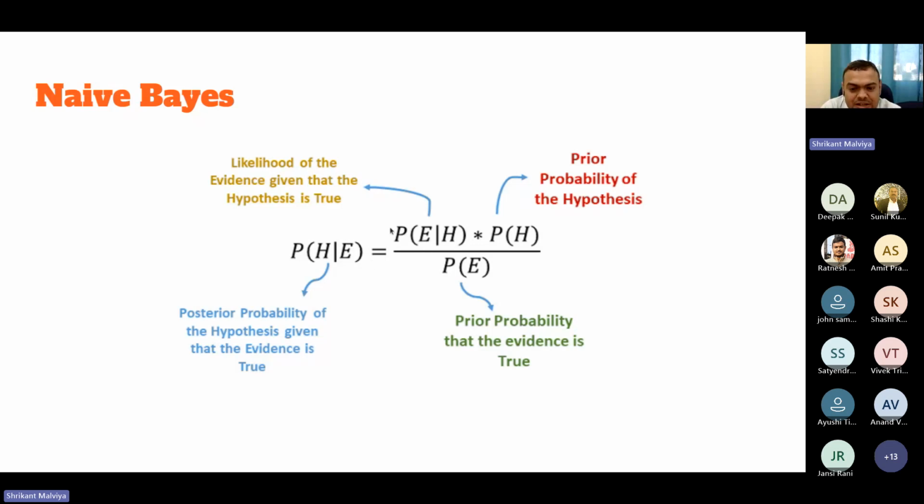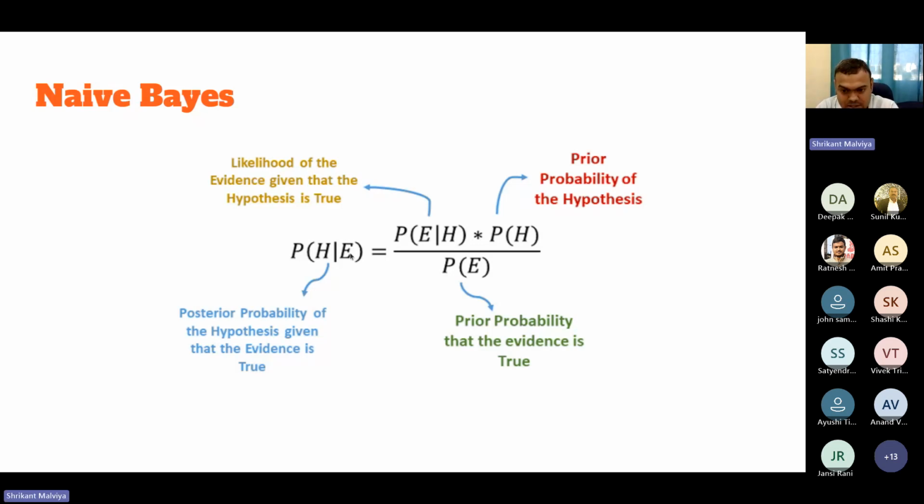This comes from the data set that we already have. There will be n samples, and from that we'll estimate these probabilities. The prior of the hypothesis means: among all the data, how many samples belong to this particular class. This is nothing but the distribution of data in the corpus, and based on that these probabilities are estimated and used to find the probability of a class for a given input e.